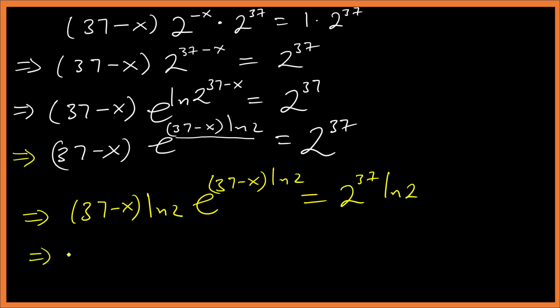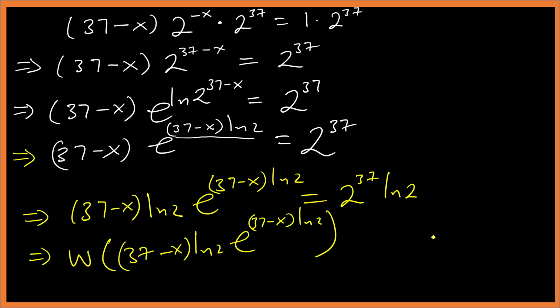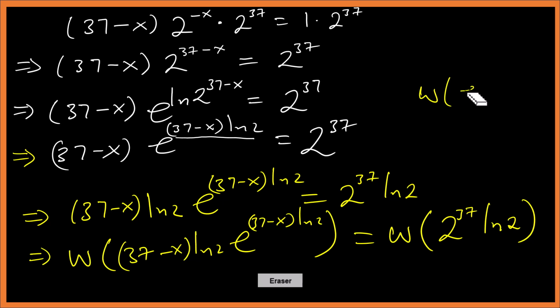Okay, so I'll take the W function. So we have 37 minus x ln of 2 e raised to 37 minus x ln of 2 equals W function of 2 raised to 37 ln of 2. Okay, so remember the rule, W function of x e raised to x, the answer is x.